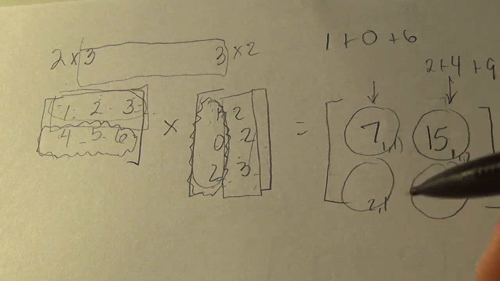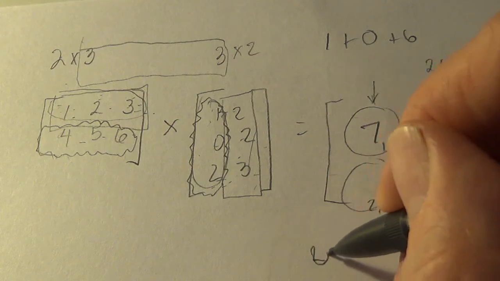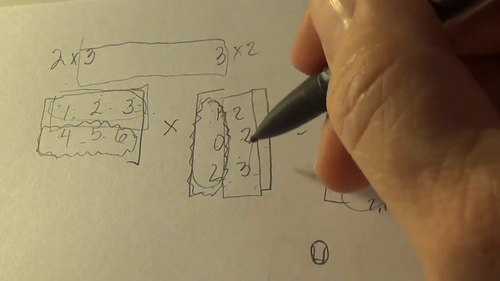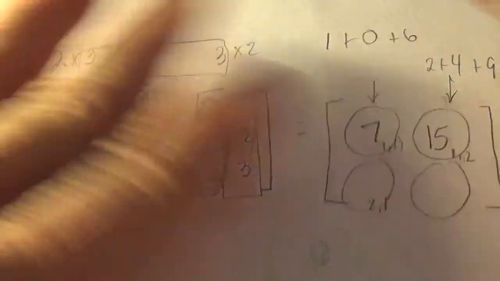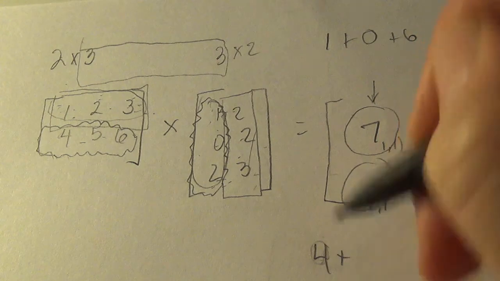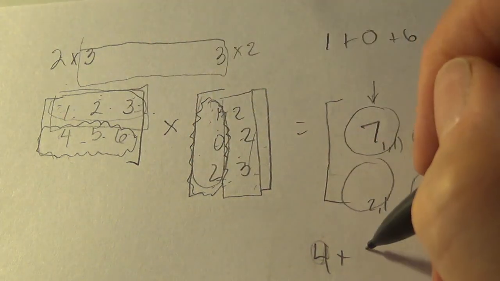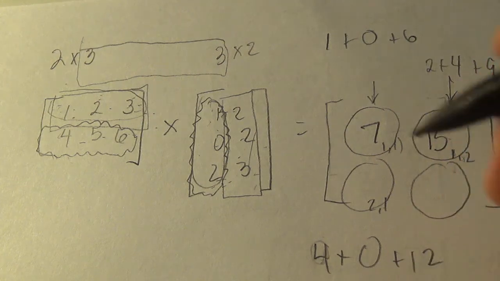I'm sorry, it's 4 times 1. I was trying to write a 4. 4 times 1 plus 5 times 0 plus 6 times 2. 16.